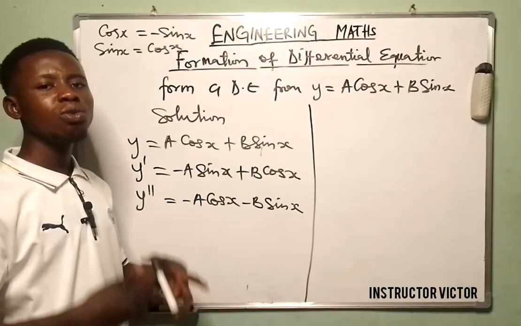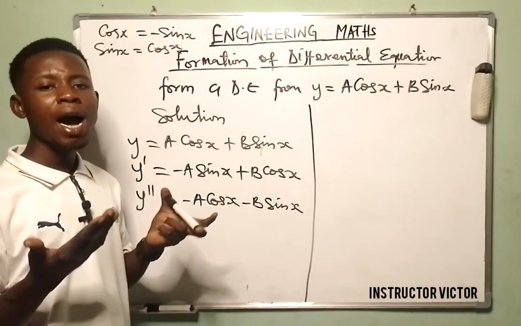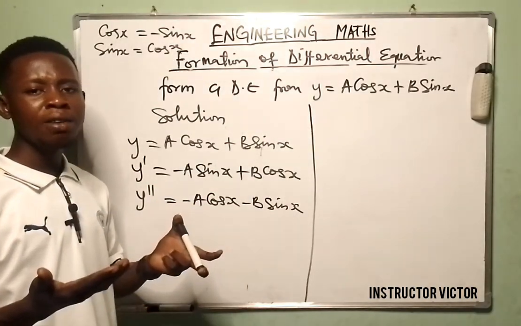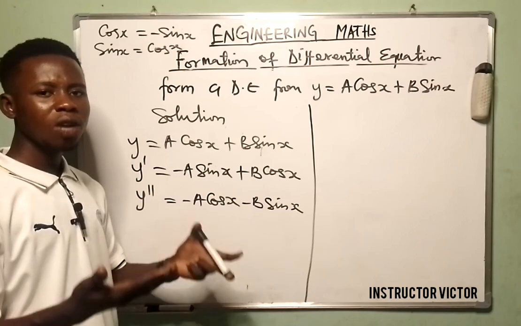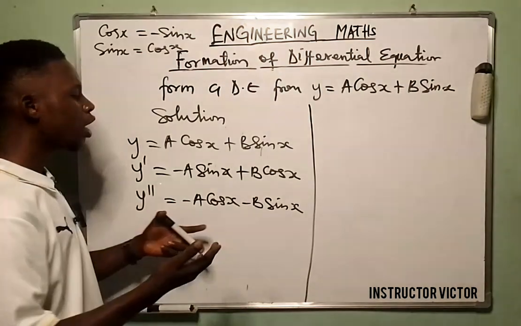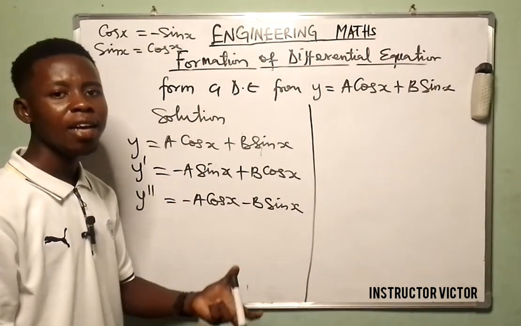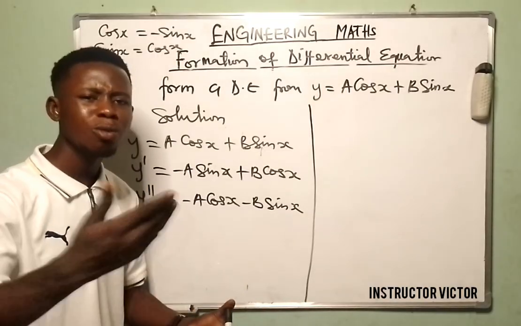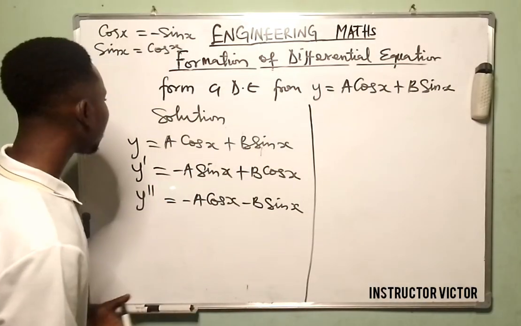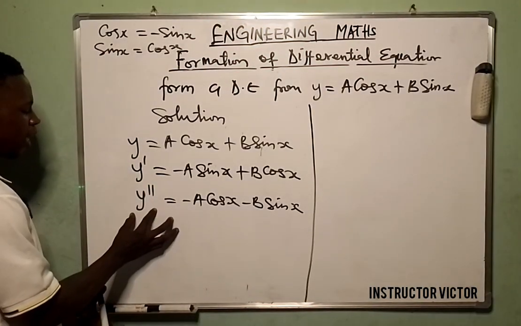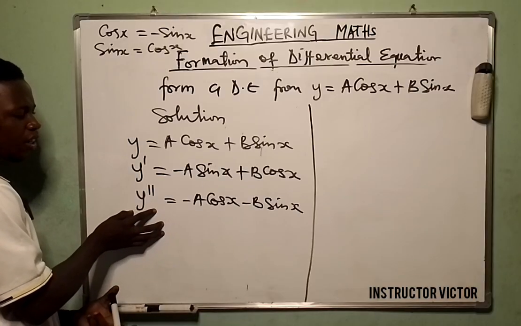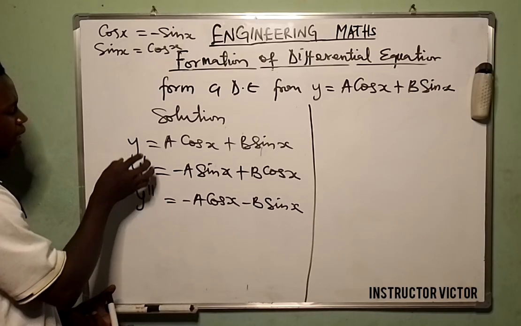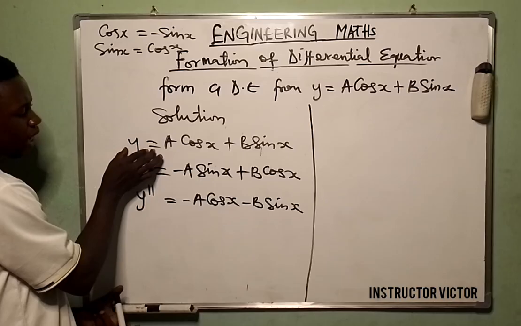Now what else are we going to do? We will look for a way to eliminate our arbitrary constants, using the simplest approach that removes them. Let us look at the second derivative and the first one.